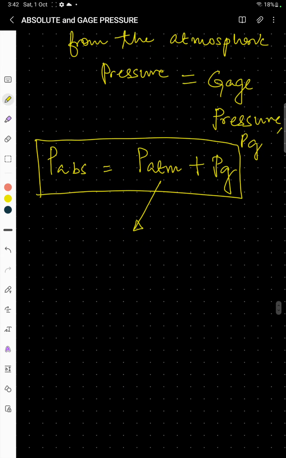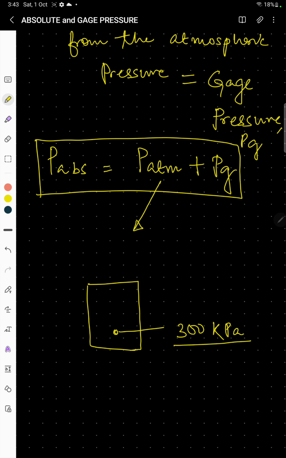So let's take a quick example. Suppose at any location you have a liquid in a container, completely filled, and we are somehow managing a pressure where the value comes out to be 300 kPa, and this 300 kPa is your absolute pressure.